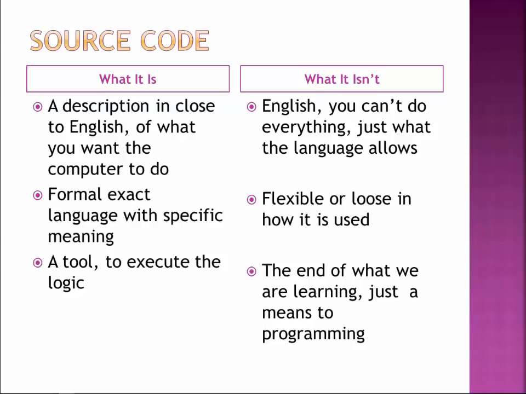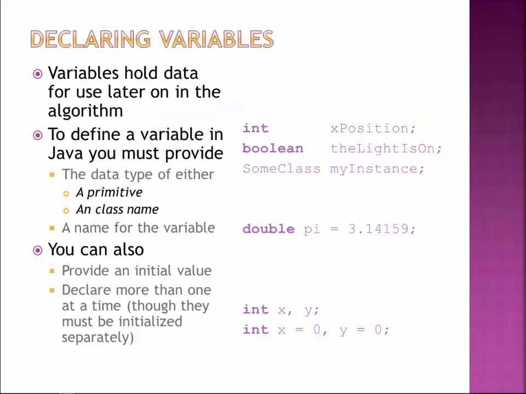I have to have the capitalization done the same way. So code is not flexible. It's not loose in how we communicate. There are no variations inside of it. And so while we're learning what it is to deal with logic, we also need to learn what it is to deal with the syntax along the way. We have to be very perfect. It's not conversational in any way.